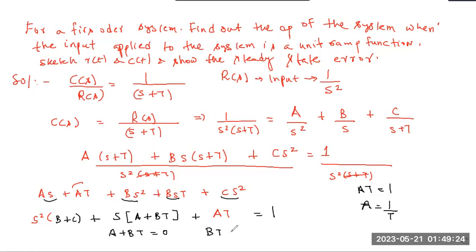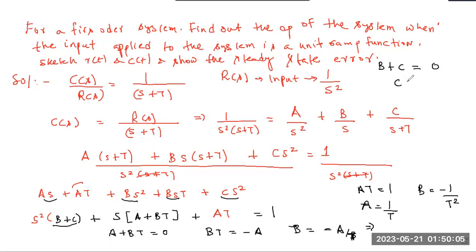That would mean my BT value is equal to minus A, so my B value would be equal to minus A by T. I know my A value is equal to 1 by T, so here I can write this expression as minus 1 by T square, right? So it will come as minus 1 by T square. Similarly, I can go for the s square term: B plus C is also equal to 0.